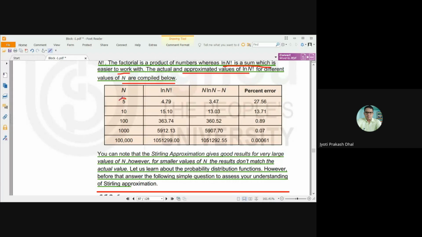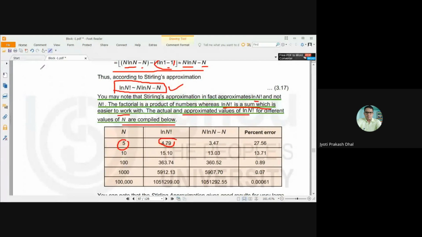Suppose the value of n is 5, then ln n factorial equals 4.79. According to Stirling's approximation, ln n factorial equals n ln n minus n.